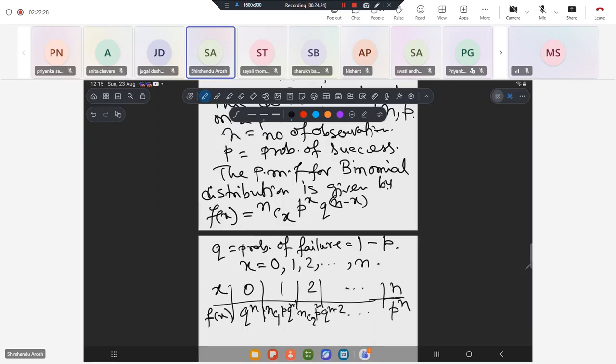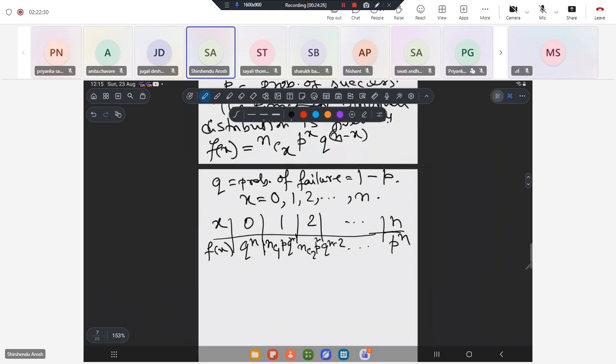If you remember, as per my definition, if I add these numbers, the sum should be 1. Let's see whether it is happening or not.